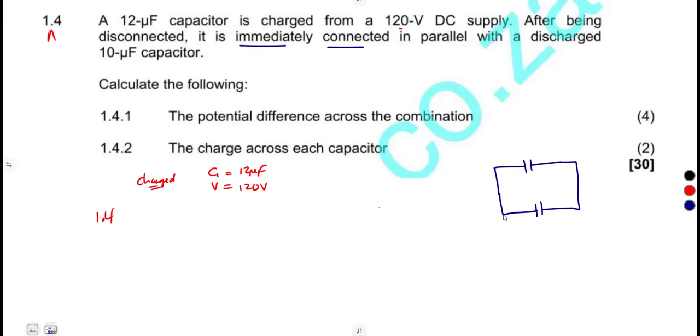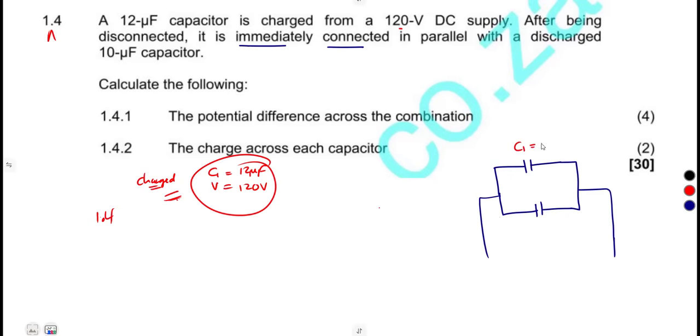You can draw it here or like this, it is in your hands. So the capacitor that we had, which was charged previously, is now connected in parallel.